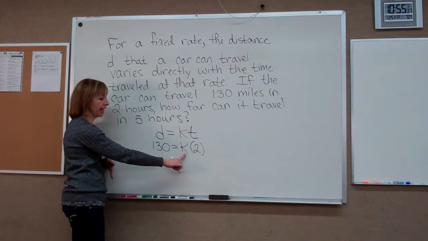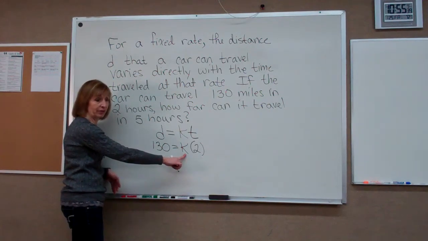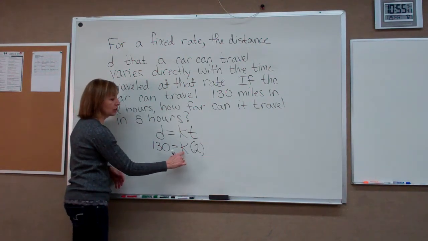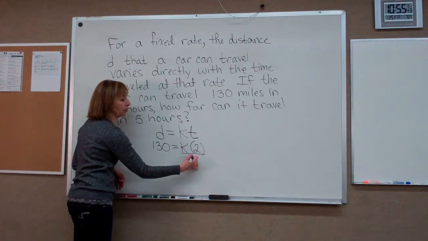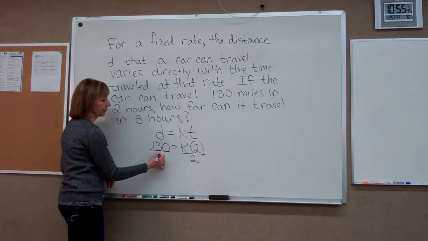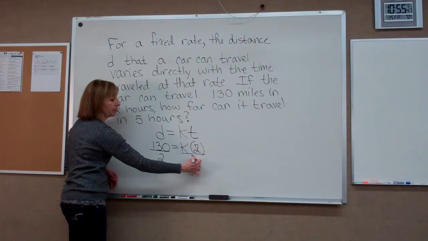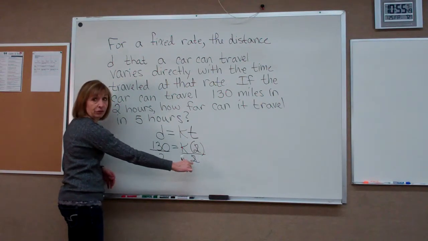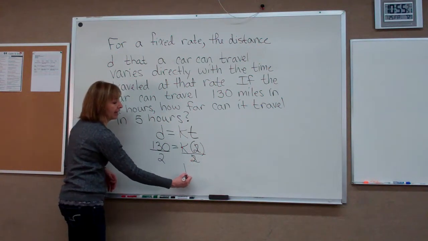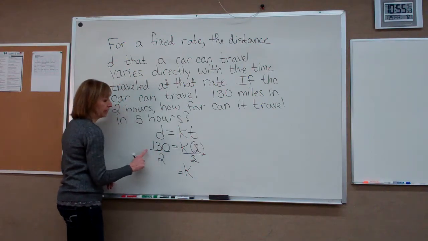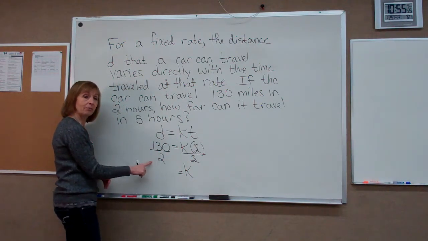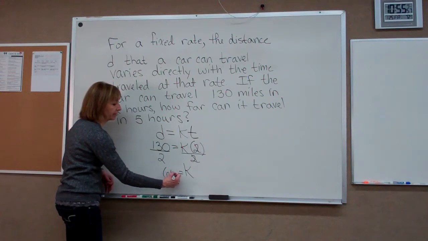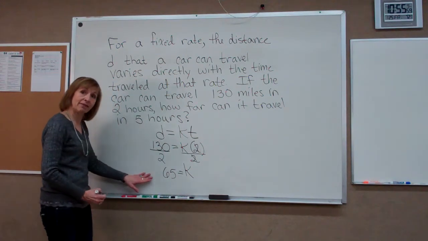We don't have a value for that, but it's the only variable in here. So I can go ahead and solve for k by dividing both sides by 2. That will give me a pair of common factors of 2 to remove on the right-hand side. I get k is equal to, and 130 divided by 2 is 65. So my k is equal to 65.